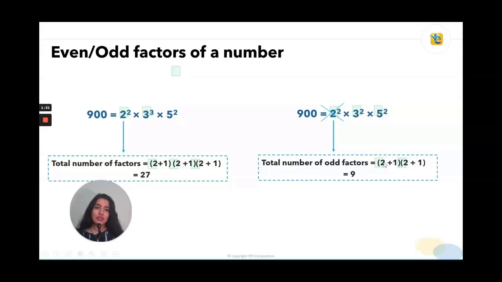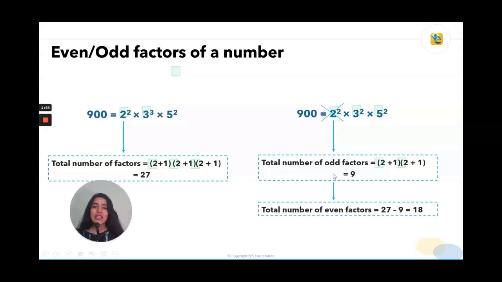So that's going to be 3 times 3, 9 odd factors you have. The moment you have odd factors, getting even factors is easy. Well, you had total factors 27, you had odd factors 9, so even factors are obviously going to be total minus odd. So 18 factors are going to be even here.